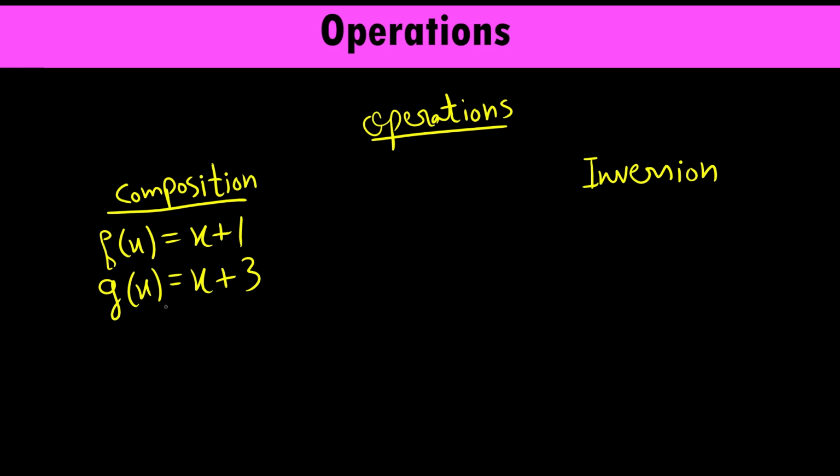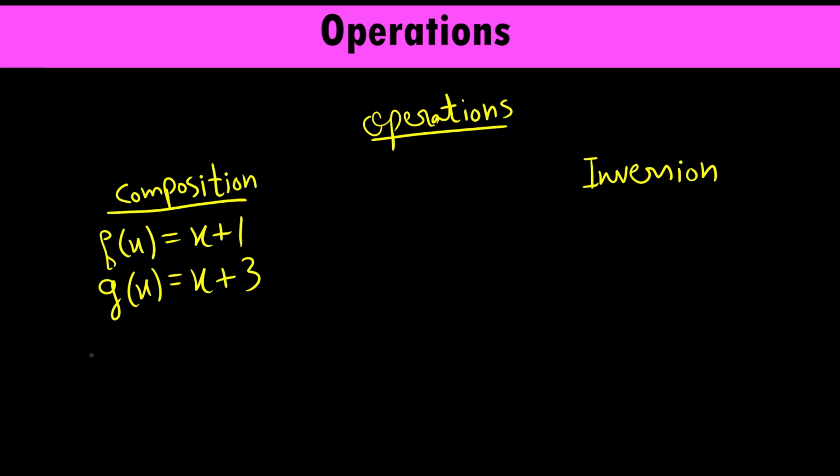We put g of x, this whole function, in the place of another function's input. Usually we input numbers in every function, but in the case of composition, I can write a function in the place of the input of another function.